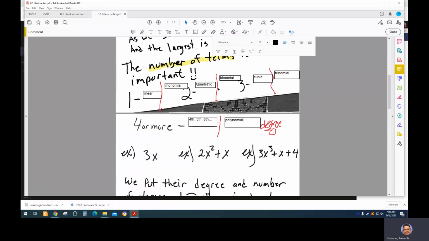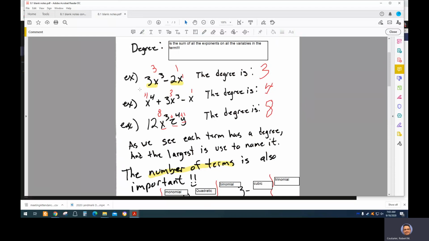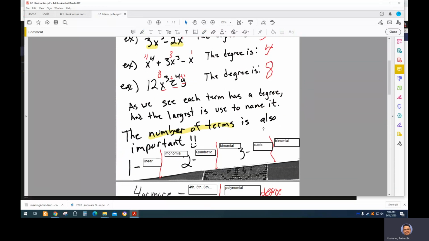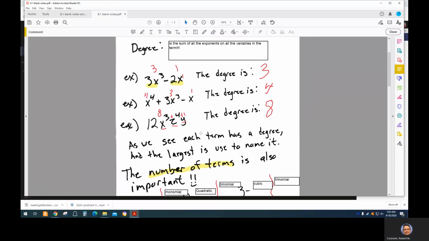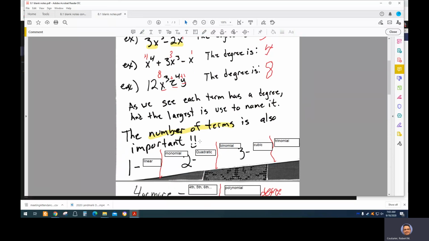So if we had, for example, this first one, it has 3 as its largest degree. So when we look on the left side, when we're dealing with 3 for our little cheat sheet, it's cubic. But it only has 2 terms. So 2, the right side, are terms. So it'll be a cubic binomial. These are, left side of the line is the degree, what we call it.